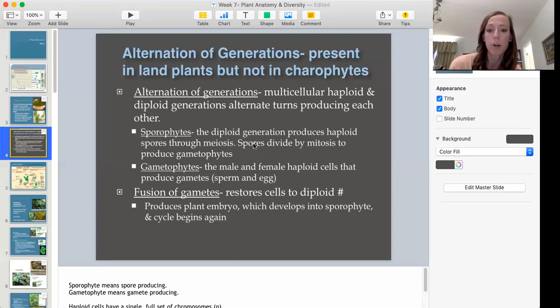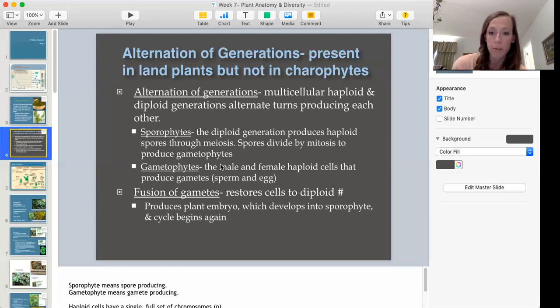And then the spores, which have been produced from the sporophyte generation, divide mitotically to produce the next generation called the gametophyte. So these are still going to be haploid because they formed from the haploid spores, and they will produce gametes. So gametophyte is gamete producing.